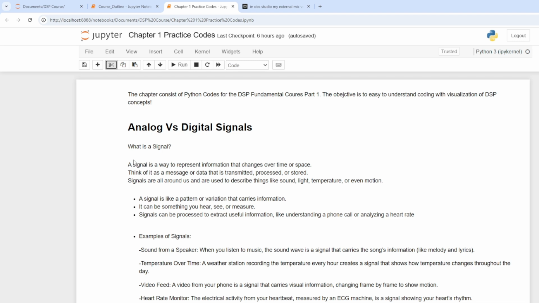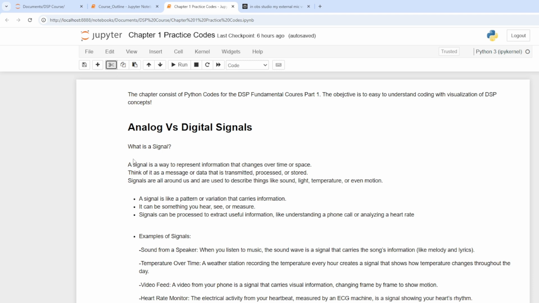So the first question is, what is a signal? Well, the easiest way to define a signal, in simple words, in our common language, is that a signal is a gesture or a sign which carries information.